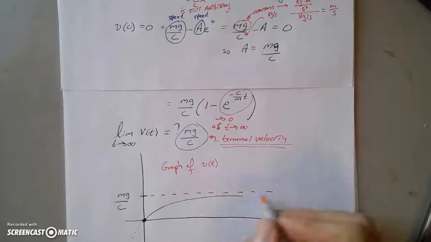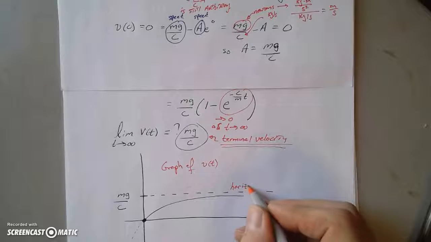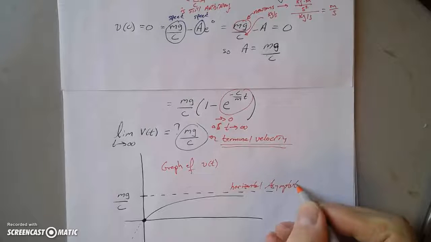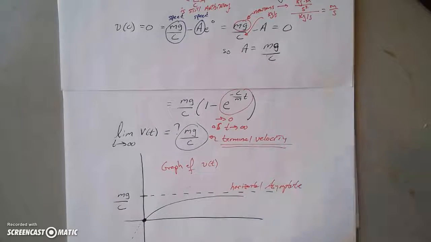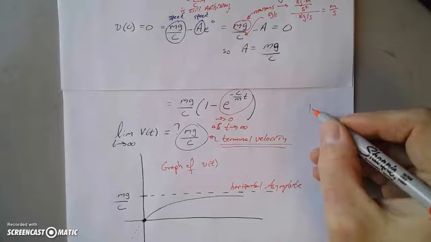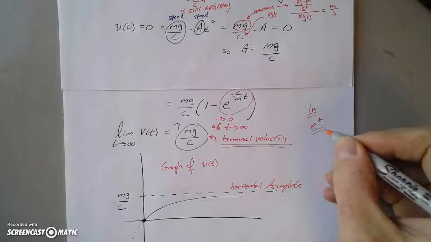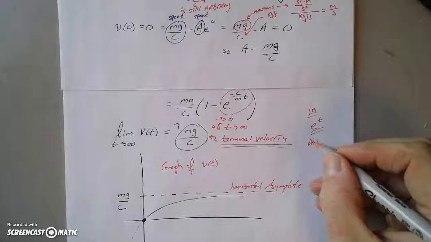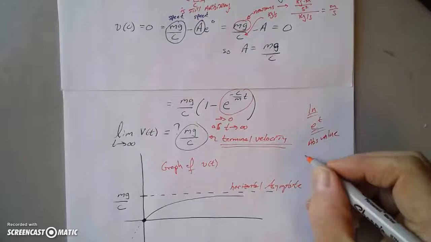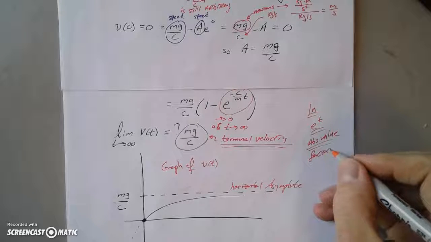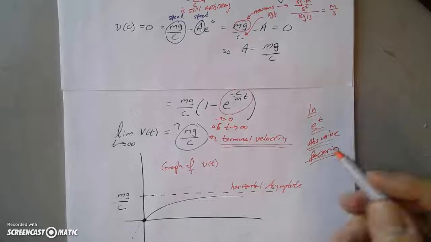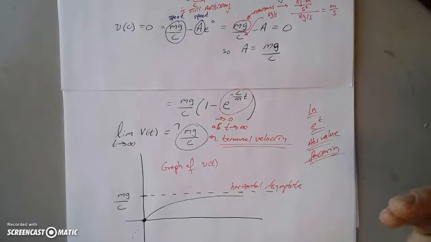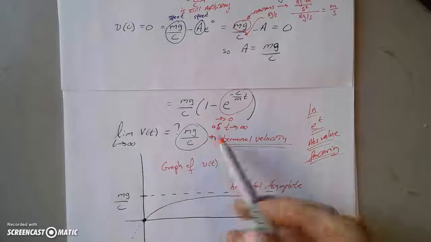So this is the graph of v, and this is its horizontal asymptote. So if you look at this whole video, you know, ln came up, e to the t came up, horizontal asymptote came up, absolute value came up, factoring came up, properties of exponents came up, integration, differentiation, Newton's second law came up, a limit came up.